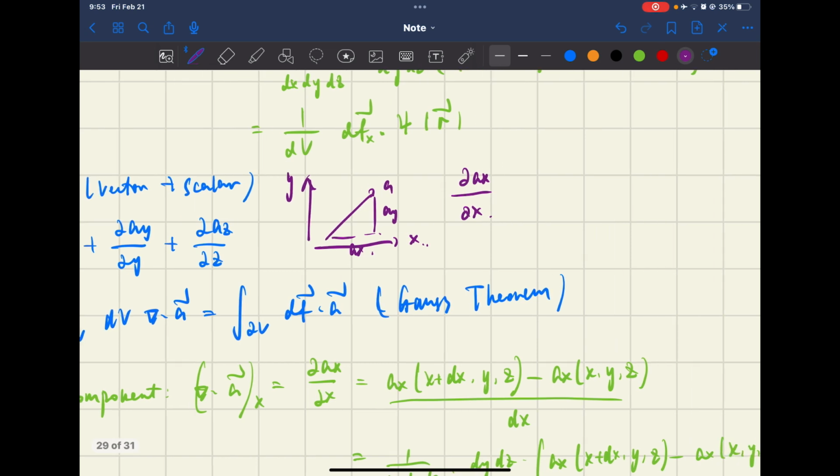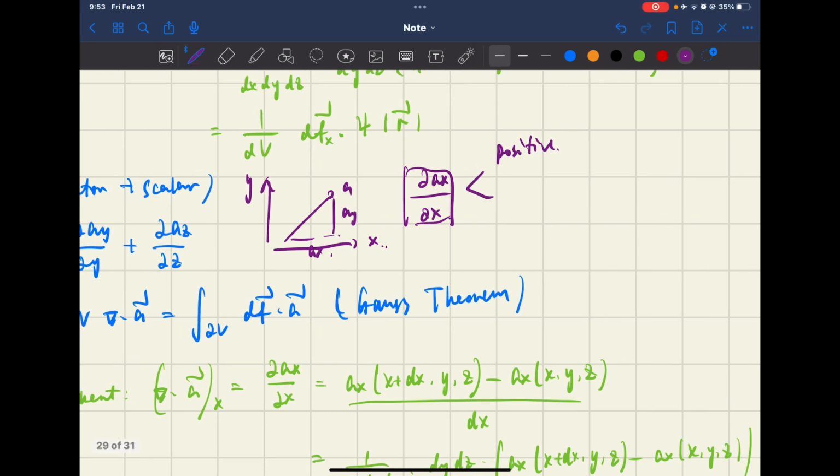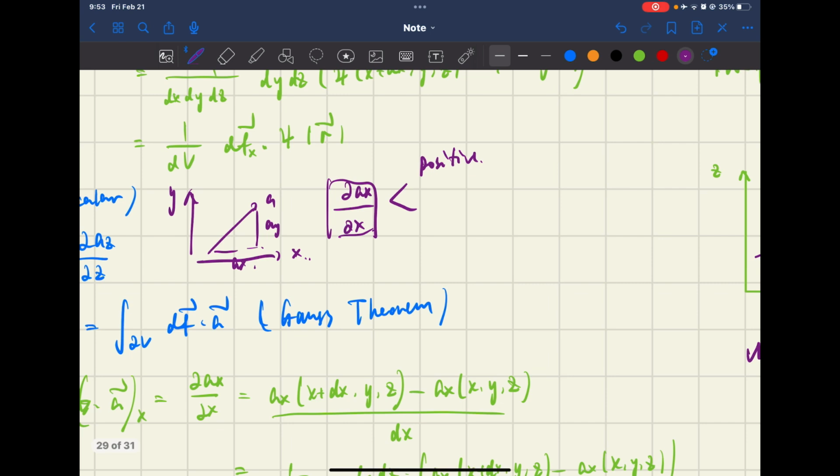If this term is positive, there is a component on the x-axis pointing out at this specific point. If it's negative, the arrow will be pointing backwards.